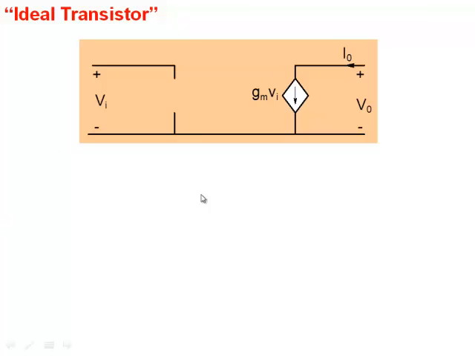Now, obviously, this is a hypothetical element. You cannot have such an element. We'll see a little later on, and you can see it here also, that it would violate the conservation of energy. For example, I could connect a source here and a load here.